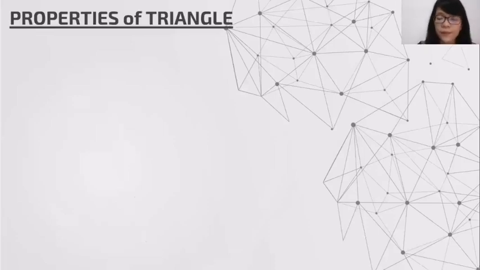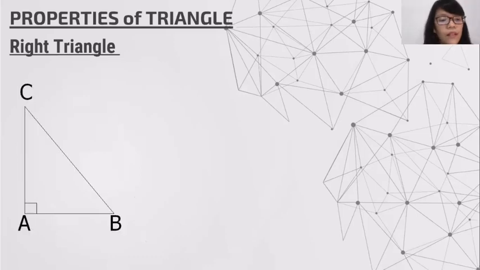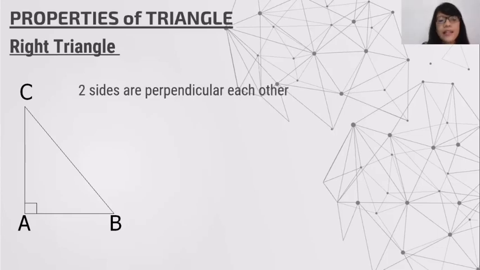Properties of triangle, for right triangle. Okay, so we have triangle ABC, and angle A is a right angle. Let's check the properties. It says that 2 sides are perpendicular to each other. Maybe perpendicular is new for you.